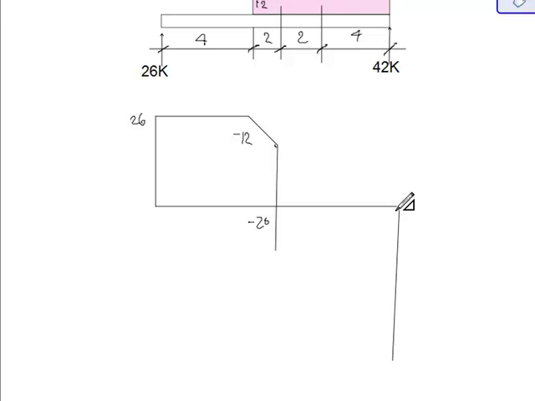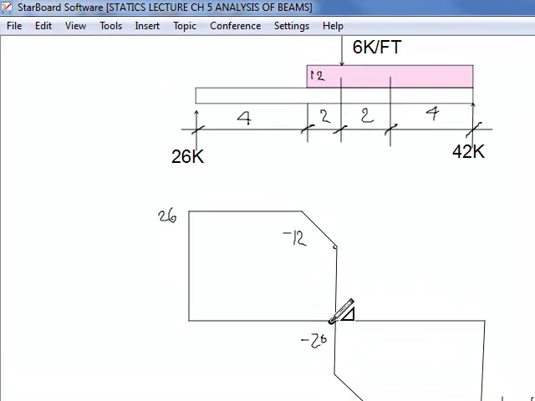And we'll angle down that distance times 36. So that's minus 36. And then this is plus 42. And that's your moment, your shear equals 0. Does that make sense?